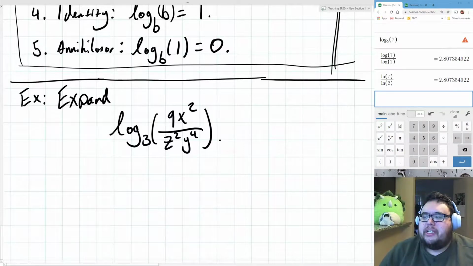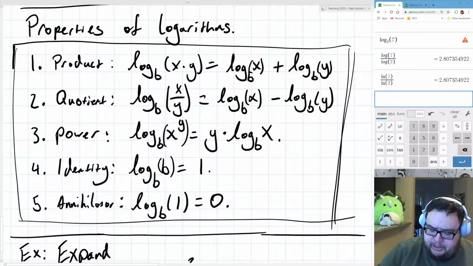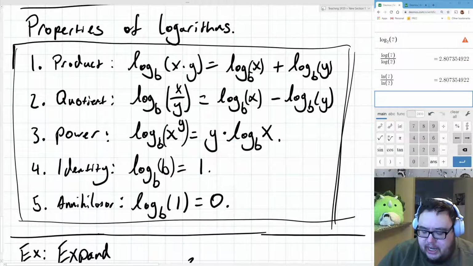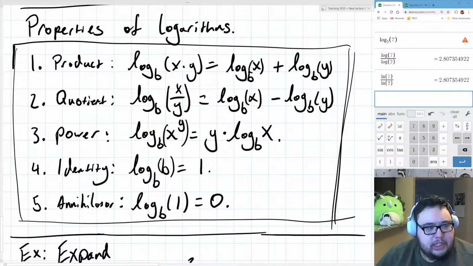And when we say we want to expand a logarithmic expression, we're using these properties and we're going from the left side to the right side. Okay, we're taking a single logarithmic expression and writing it as a bunch of logarithmic expressions.